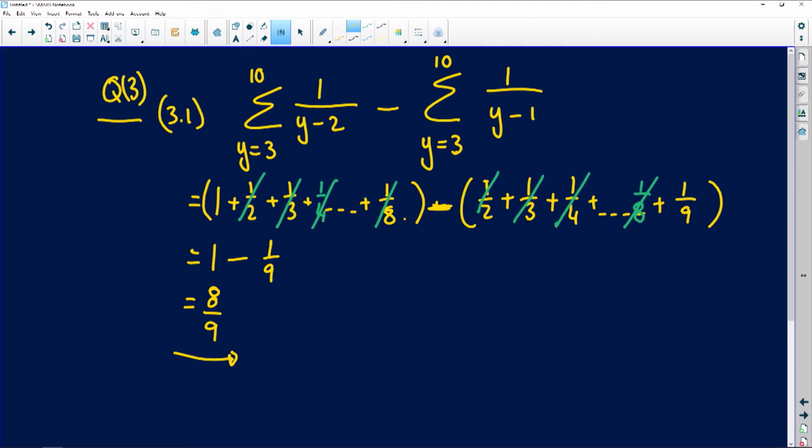Quite a nice question. It looks intimidating if you look at all the sigma symbols right at the beginning, but you can see how it opens itself up here, folks, and the one subtracts with the other.